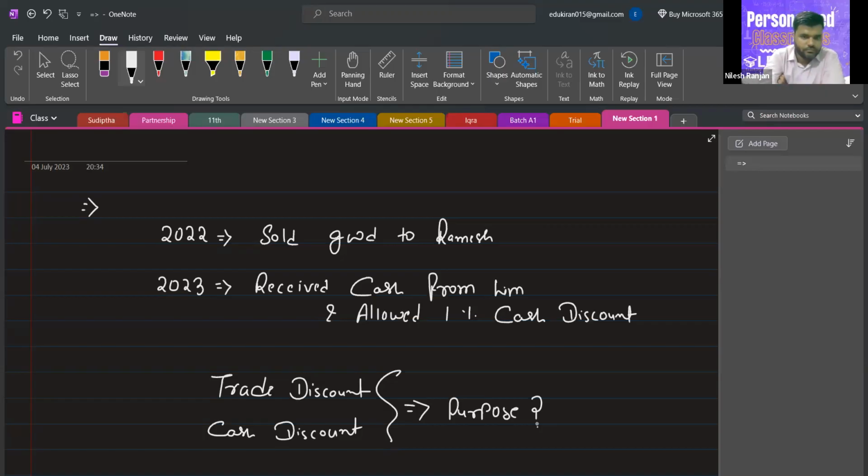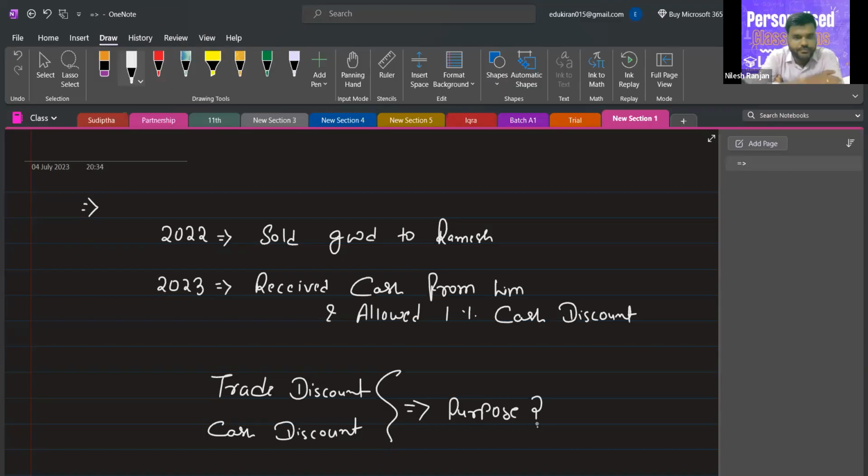Trade discount won't be recorded, and cash discount would be recorded. Yes, but what is the purpose? Why is it given to the customer? Actually, trade discount is given to attract customers and cash discount is given to receive cash early.